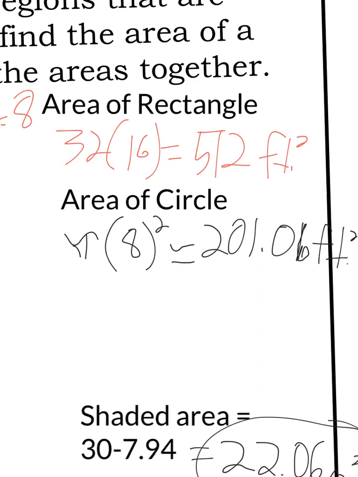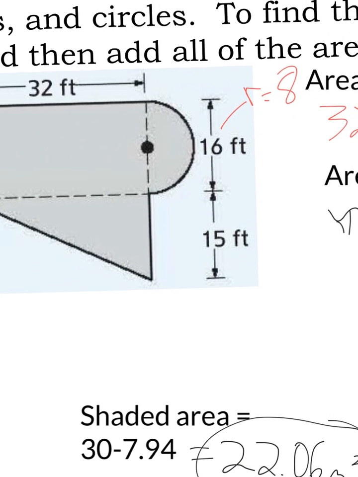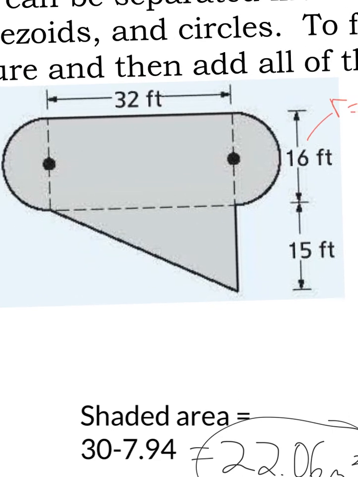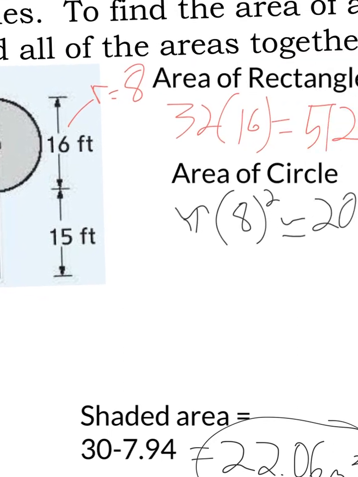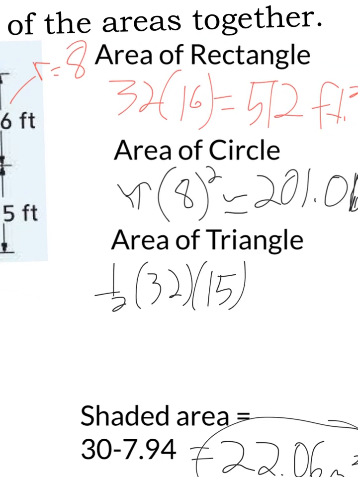All right, and then the last thing to cover is the area of that triangle. So let's see here, I have a base of 15 and then I have a height of 32. It's the same thing down there. So I'm just gonna go 1/2 of 32 times 15. And that's gonna equal 240.